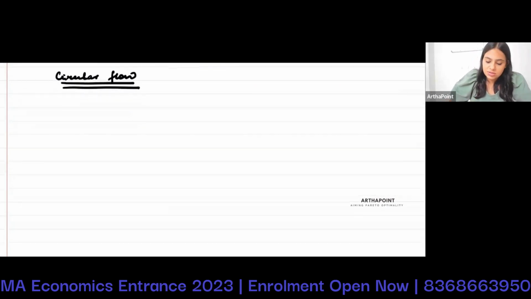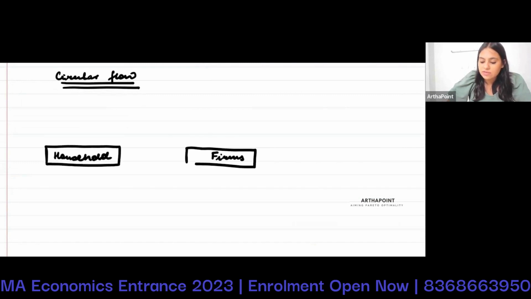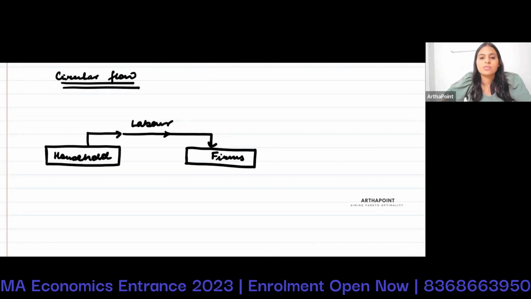So let's say that I have this as the household and I have the firms. The household is involved in giving labor to the firms. In return, when the household provides its labor to the firm, the firm would go ahead and provide its produced final good to the household.